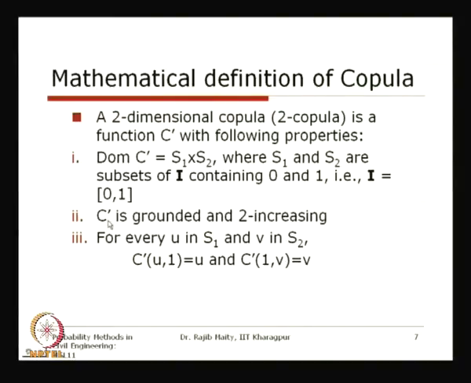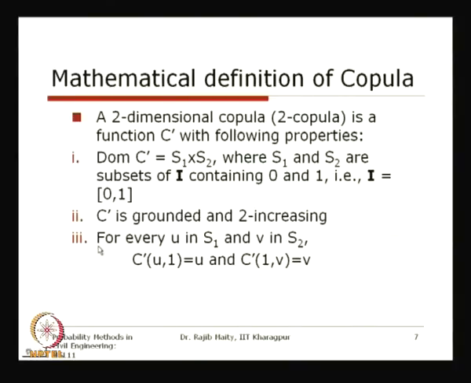Now, the function C is grounded and 2-increasing. When we refer to grounded and 2-increasing, we are giving two properties that it should follow, and they have some correspondence to the 1 dimensional cases also. We will take both these properties separately to discuss what these terminologies mean, what is grounded and what is 2-increasing, in a minute.